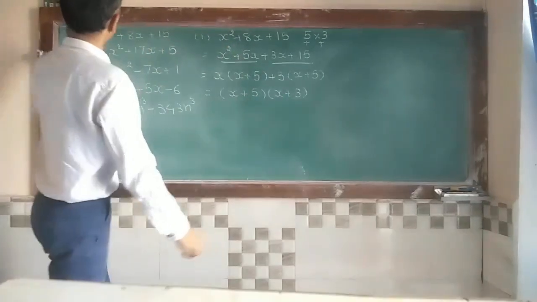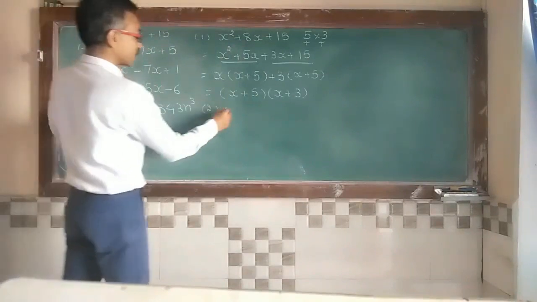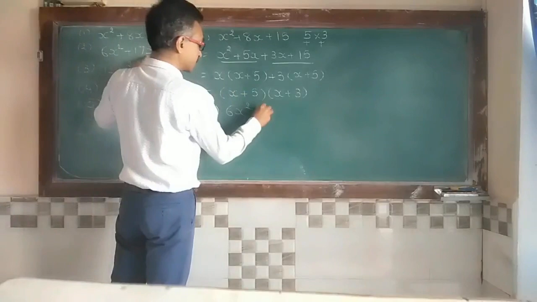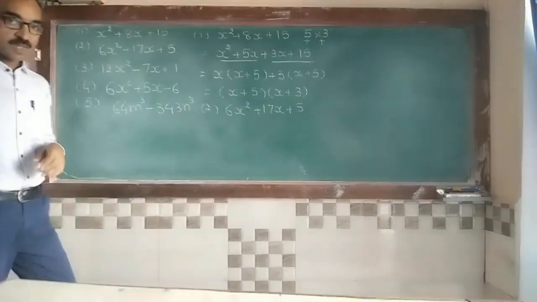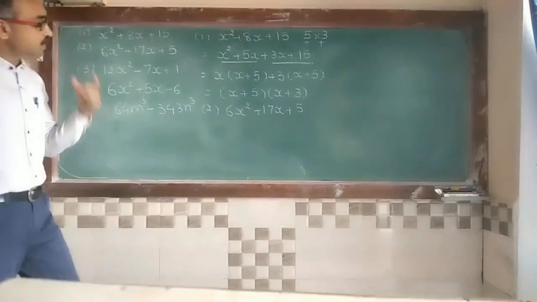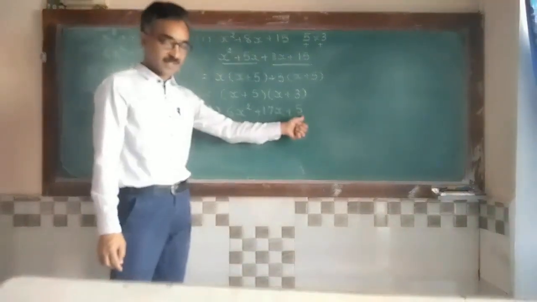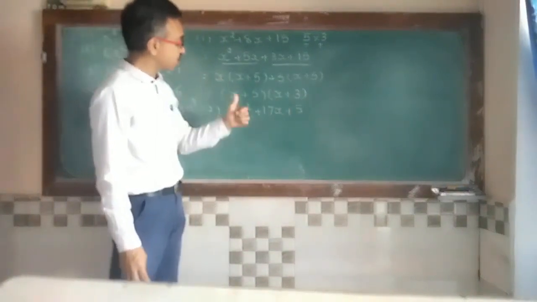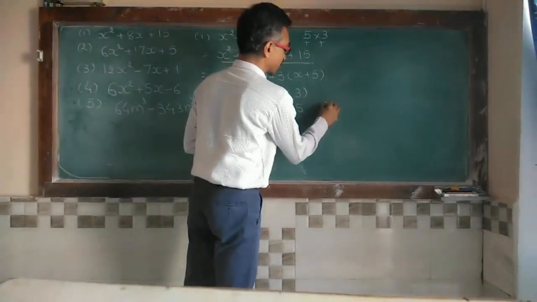Okay. Now the second one is 6x^2 + 17x + 5. Now here 6 and here 5, that means 6 fives are 30, and you have to factorize 30 in such a manner that the sum is 17.